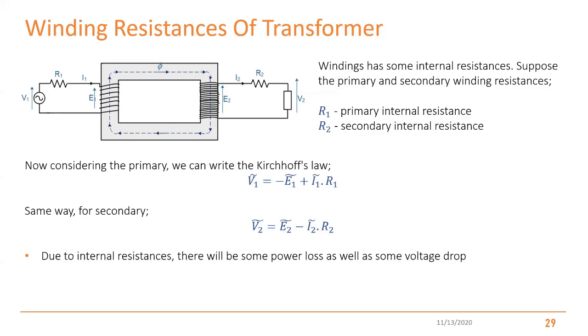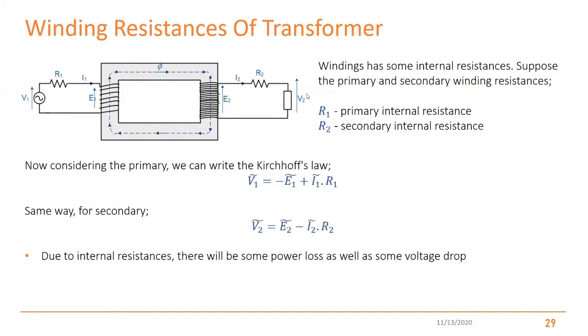So what we can do is, you can understand that the resistor is a very simple device. Anyway, what we are talking about right now is the winding resistance of the transformer.